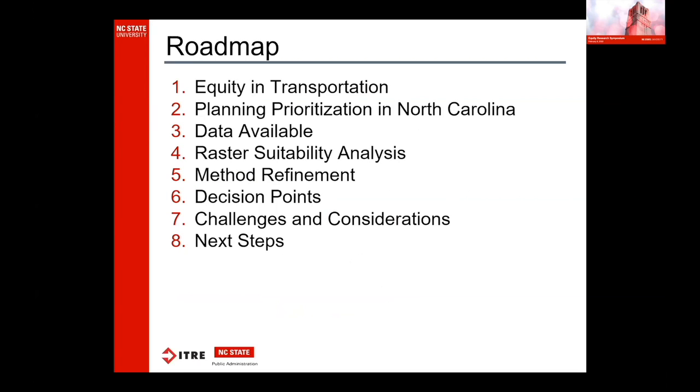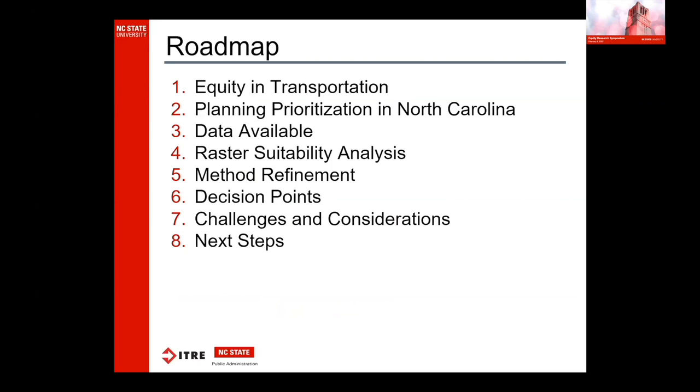In terms of what we're going to talk about today, I want to briefly touch on equity and transportation and how the two are related. We live and breathe that every day, and we know that not all of you do. Then we'll talk about what planning prioritization related to transportation looks like, specifically in North Carolina, since that's the basis for our work here.